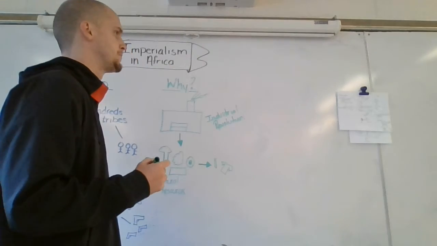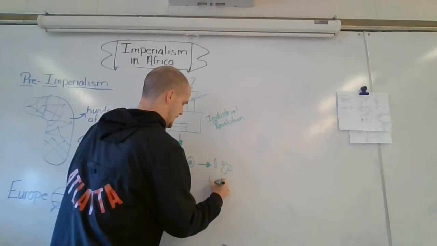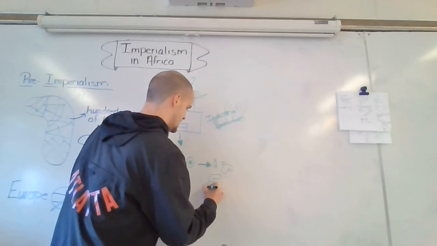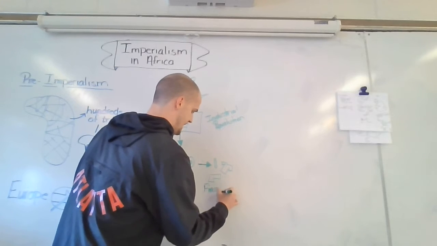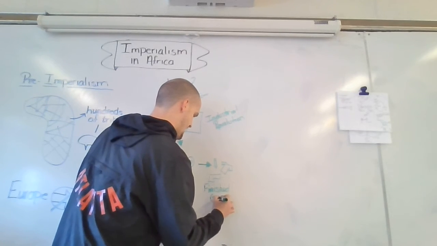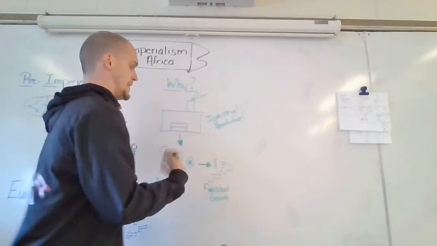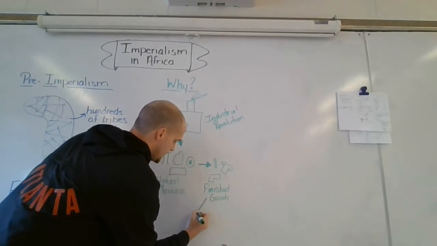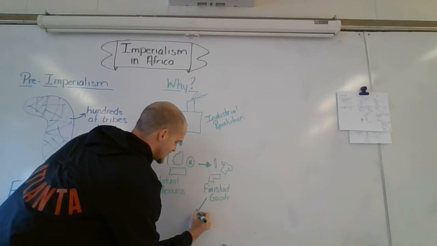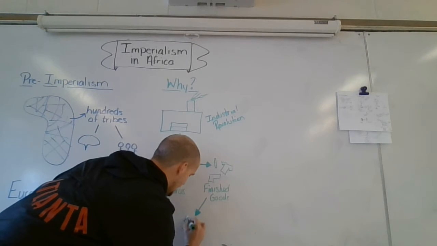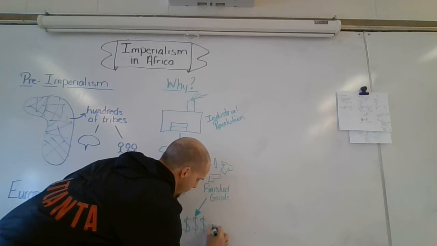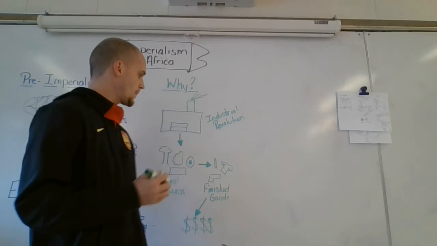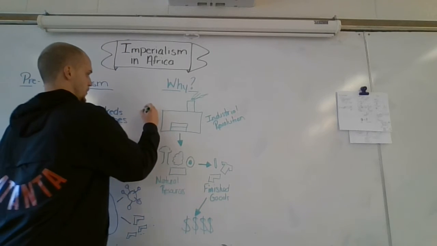Even weapons are an example of finished goods. So these turn into finished goods, and the Europeans are able to take those finished goods and sell them. This is making European countries lots and lots of money. So this is reason number one.